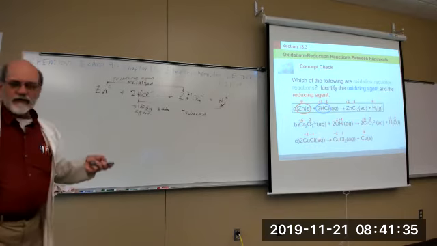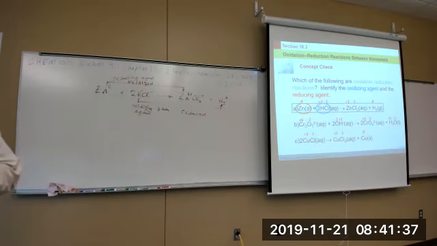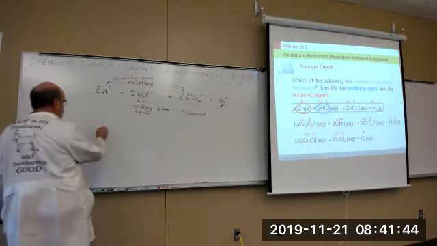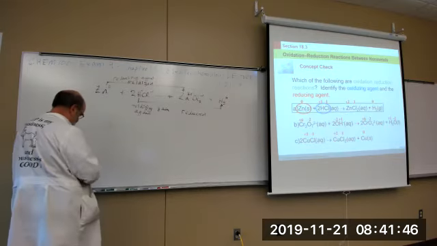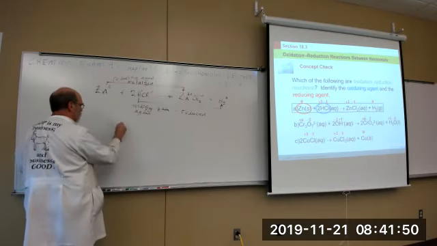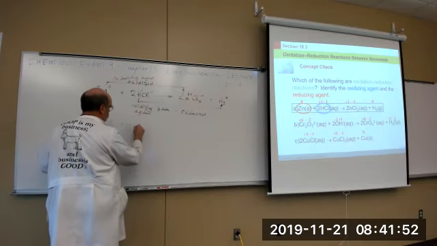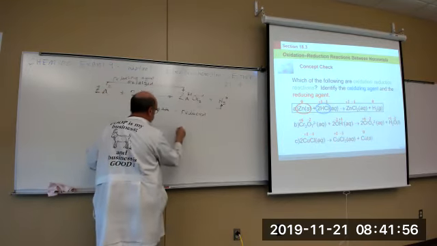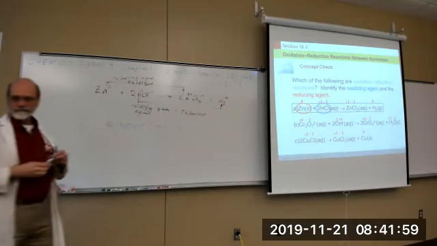So one of these coppers was reduced, and the other one was oxidized. Right? That's a special case of an oxidation reduction reaction. It's called disproportionation.